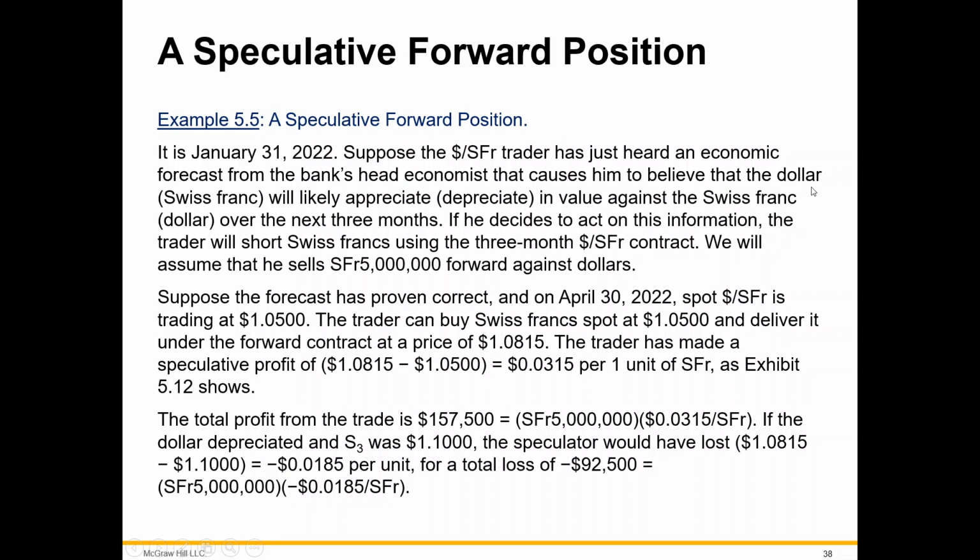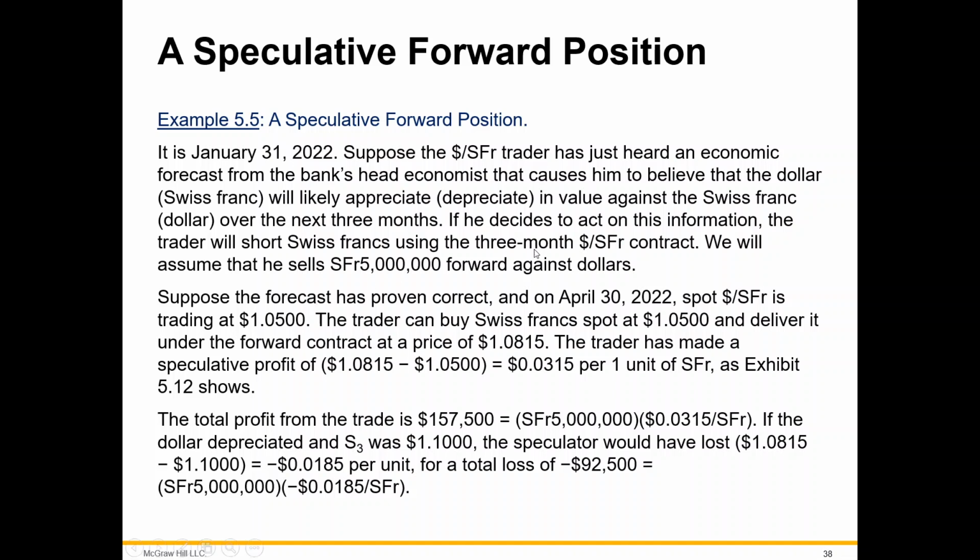No, I've got that backwards. So you want to deliver dollars because you can buy them now cheaper and then deliver them later.